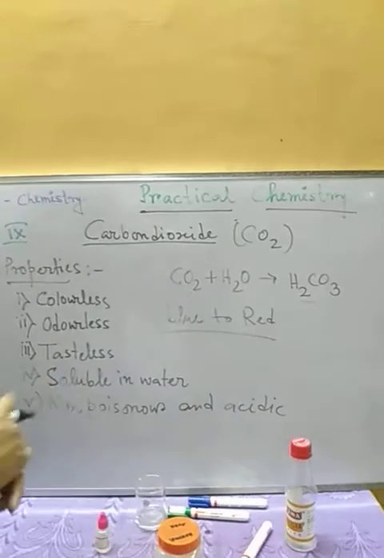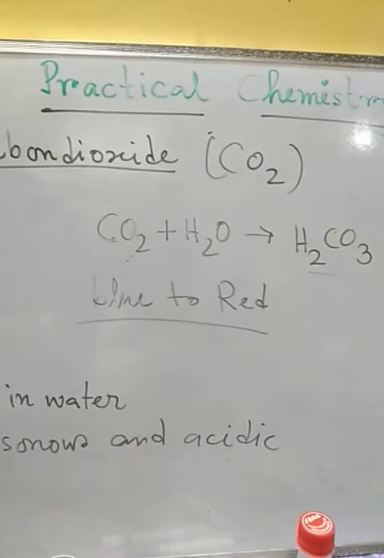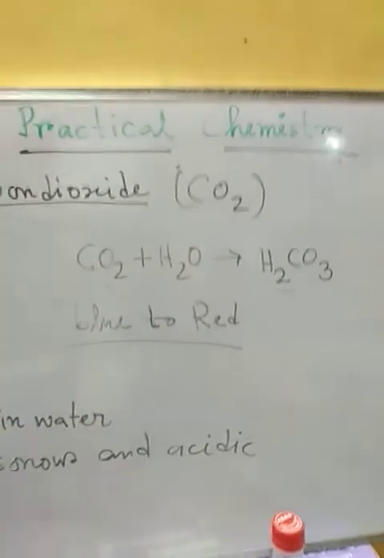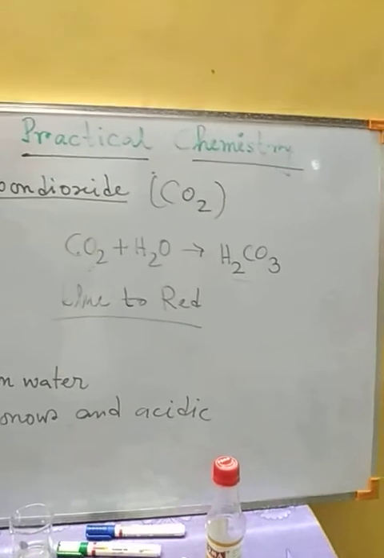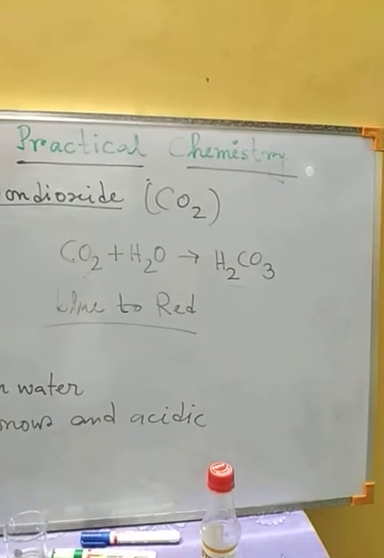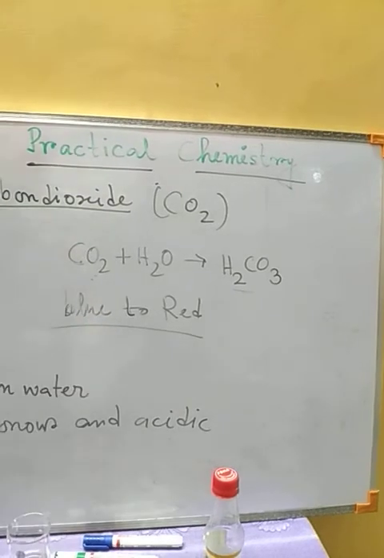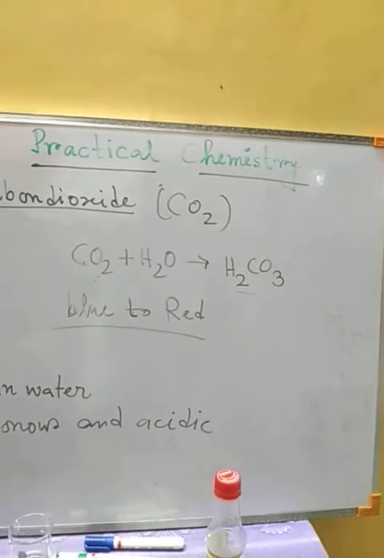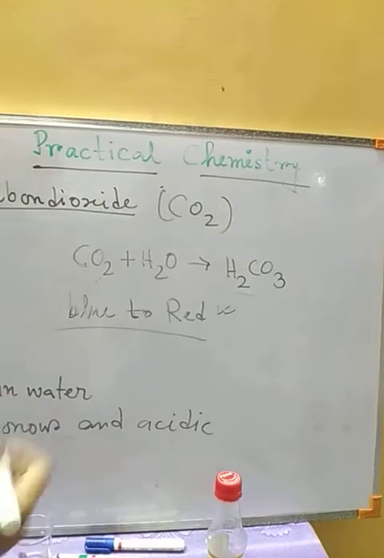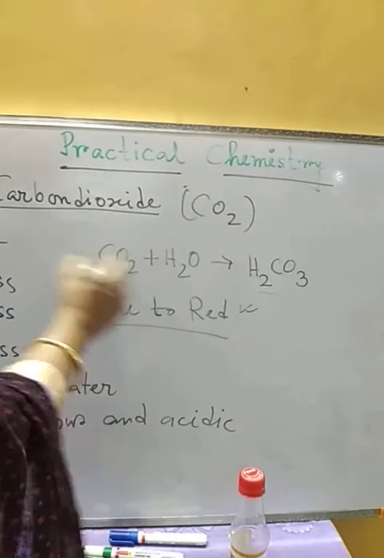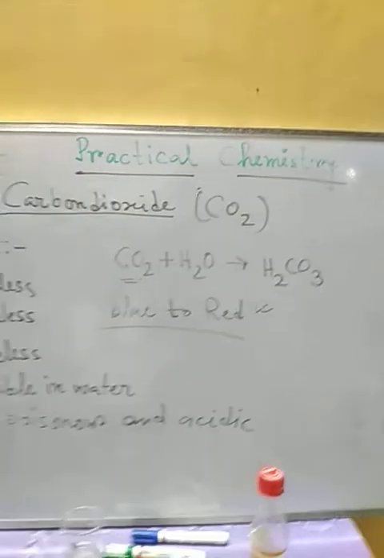The moist litmus paper will change its color from blue to red, as acidic substances change the color of blue litmus paper to red. So from this experiment also we can say that carbon dioxide is acidic in nature.